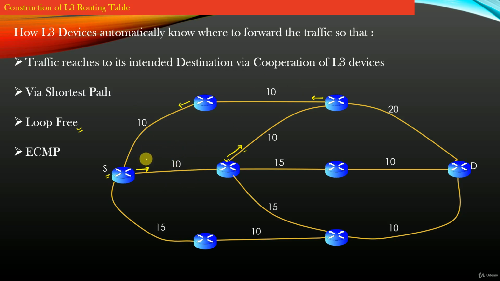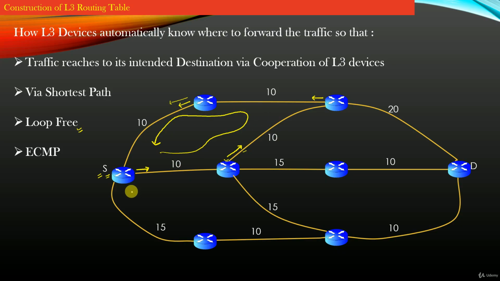This time the loop is a bigger loop, that is, it is happening between 4 routers in the topology, right? So when the router S receives the traffic from this particular router, it again pumps the traffic back into the network topology, and the traffic goes into an infinite loop.